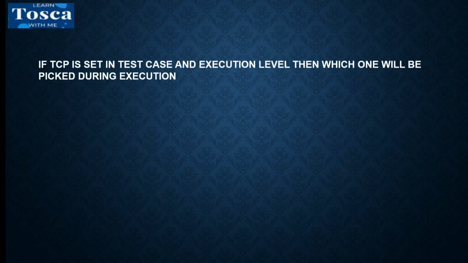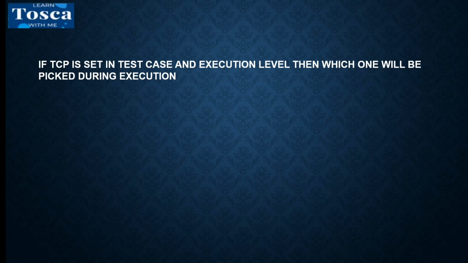The next question is: if a TCP, a test configuration parameter, is set in the test case and at the execution level, which one will be picked during execution? The scenario is like you have some test cases where you have defined test configuration parameters.